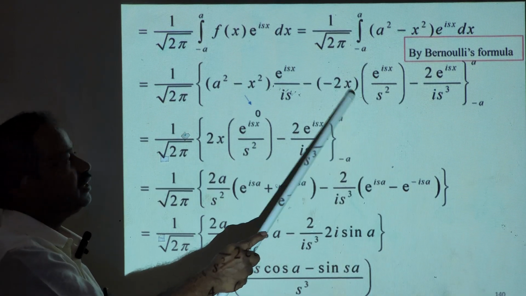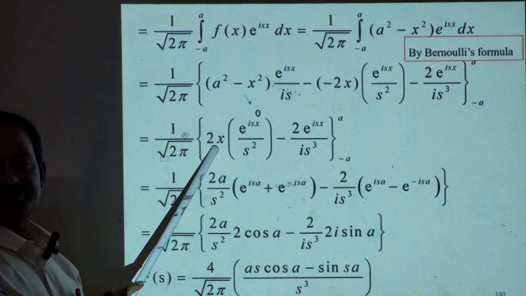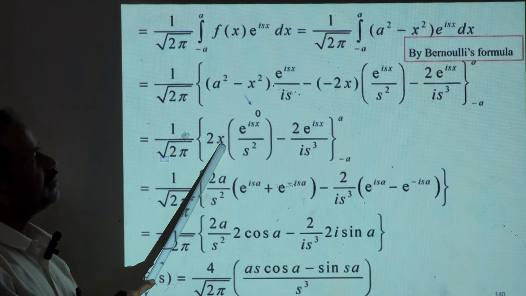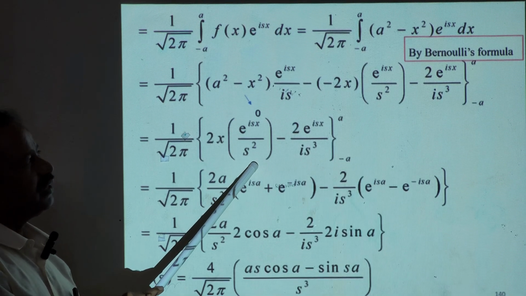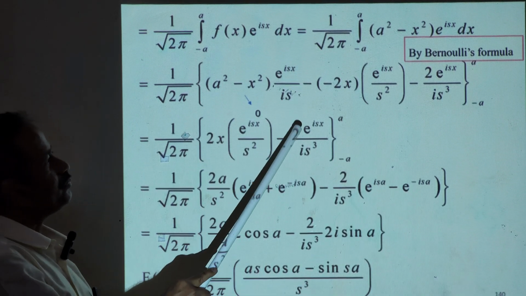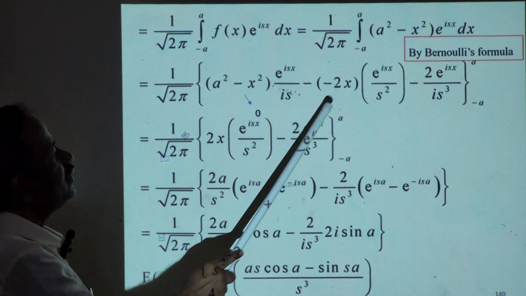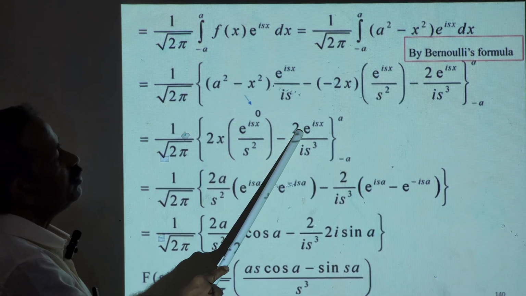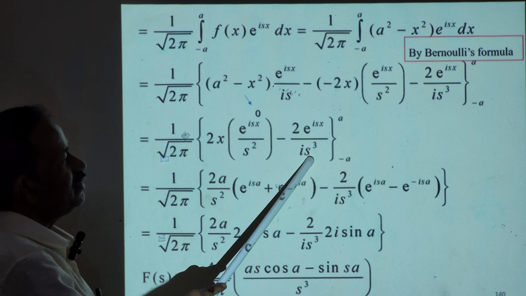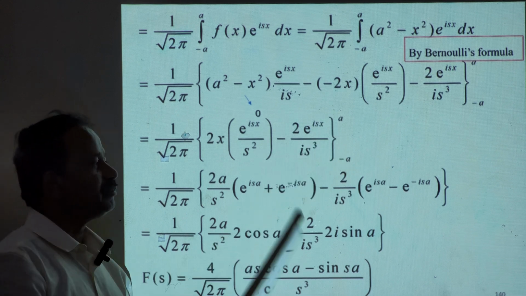We have only the next term. The next term is minus minus plus 2x, so 2x e to the power isx divided by s squared. And in this term we have one minus, so we now have minus 2 e to the power isx divided by is cubed between the limits.